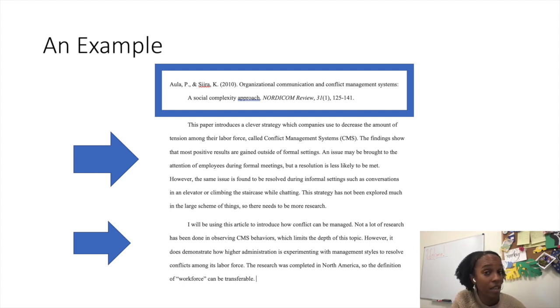See, not everything has to be positive. It's just setting kind of a parameter of where this information is sitting in the context of it all. However, it does demonstrate how higher administration is experimenting with management styles to resolve conflicts among its labor force. So really kind of outlining why this is important and how this is going to fit into the author's paper.